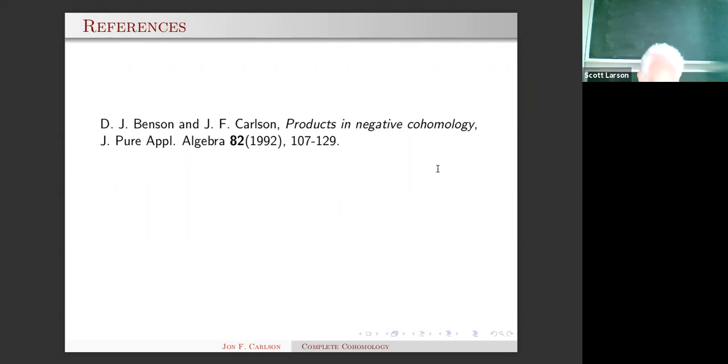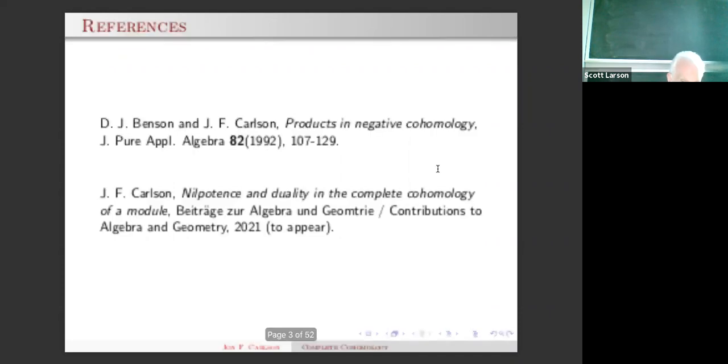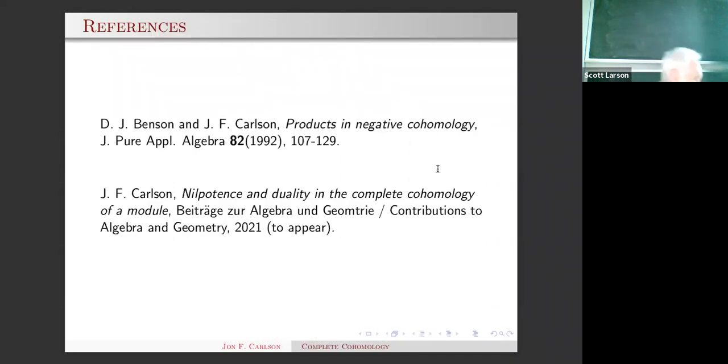What I wanted to do was to generalize this from the cohomology ring of a group to the cohomology ring of a module, a finitely generated module over the group. The paper, by the way, I think is actually available on the web through the website.